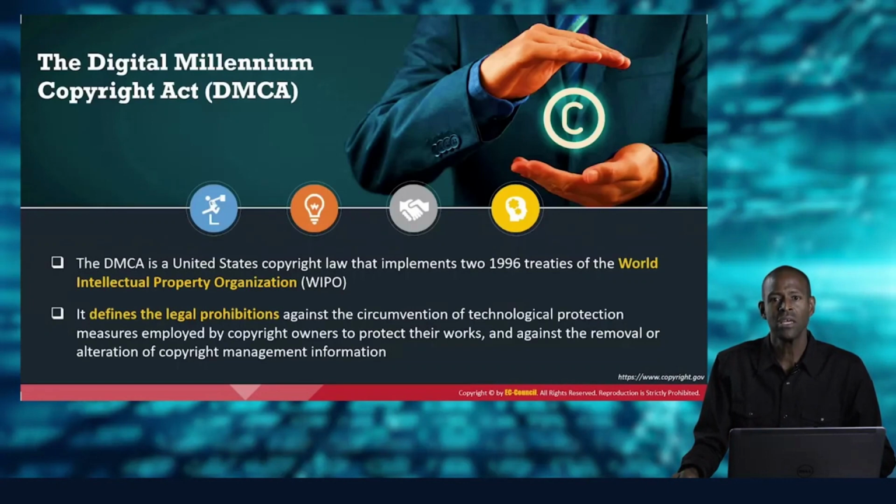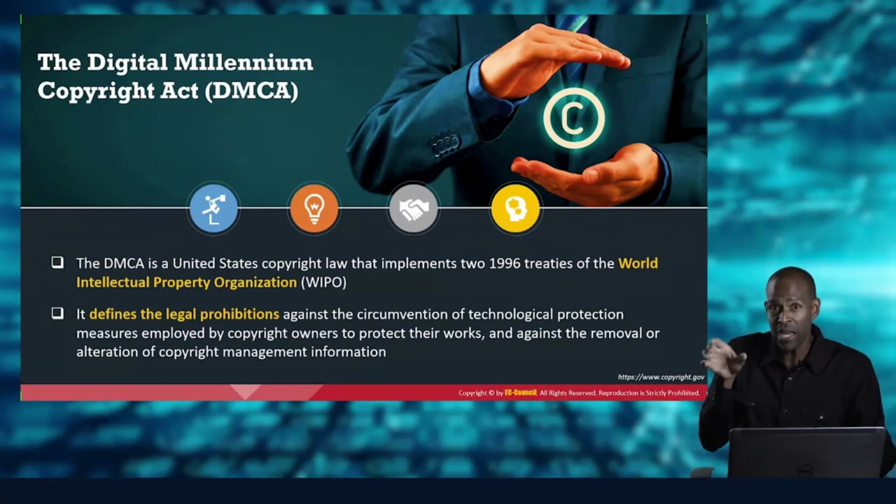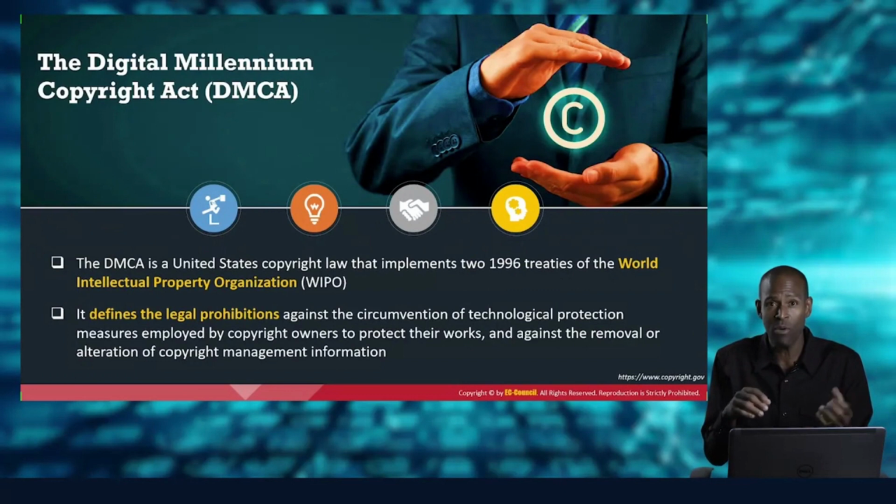Next, we look at DMCA, the Digital Millennium Copyright Act. There was a problem near the turn of the century because in the 1990s, new technology became available to do some very amazing stuff. Did you know that you can buy this plastic thing called a CD and you put it into a player and you don't even need a tape or a record player? Music comes out.